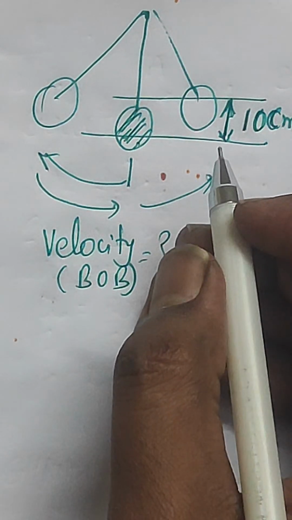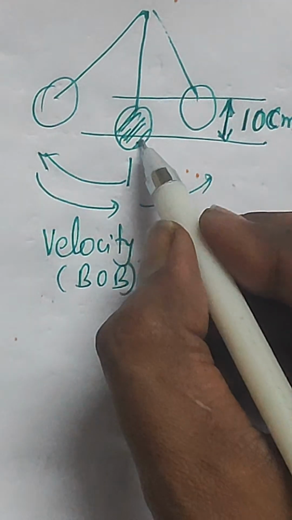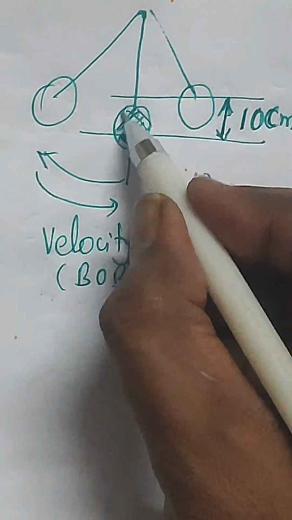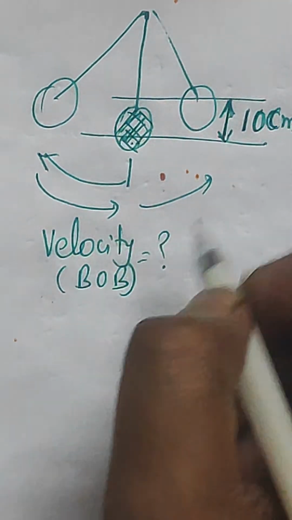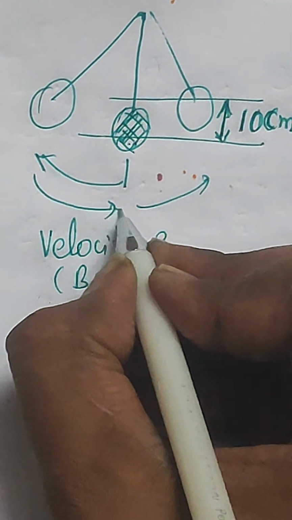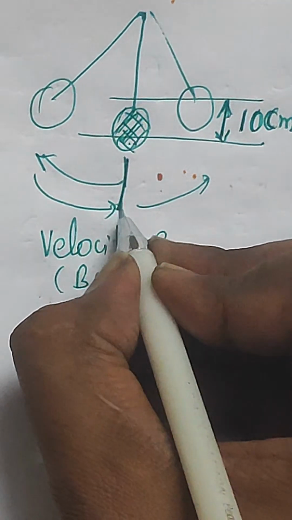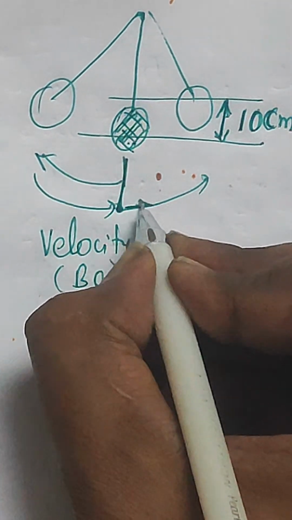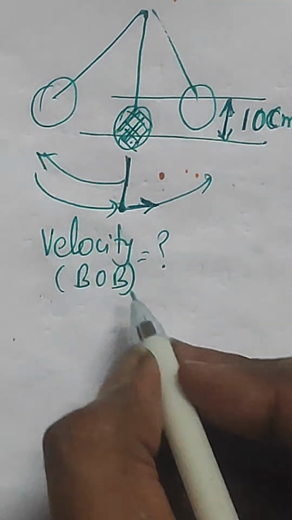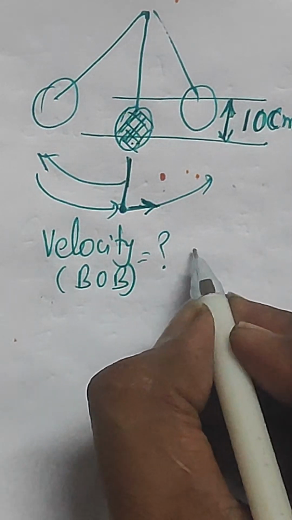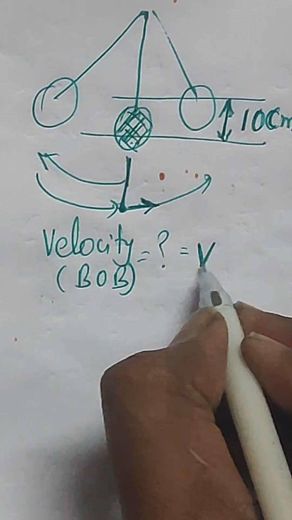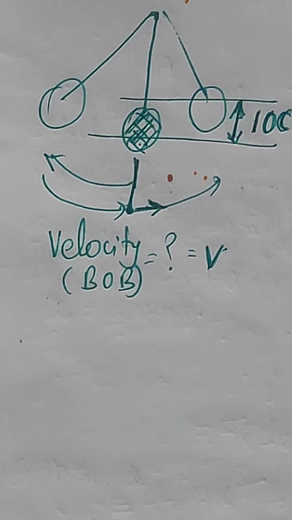If v is the velocity at the mean position, that means if you are considering at this point, let us say the velocity is v, and from the mean position it's moving towards the right, like this. Let us assume it as v at the mean position, right?